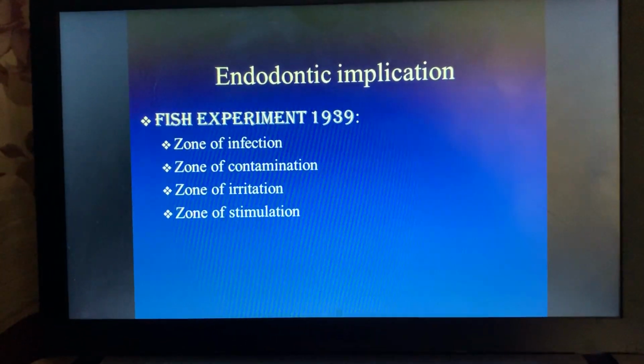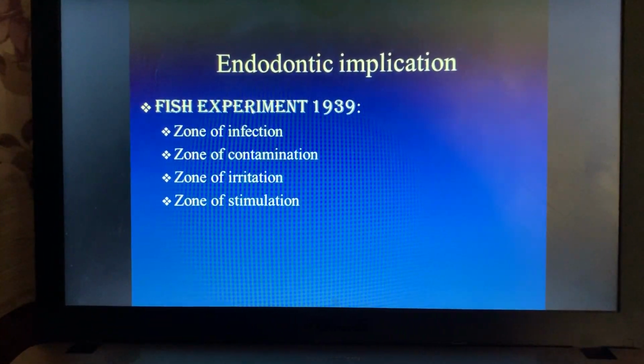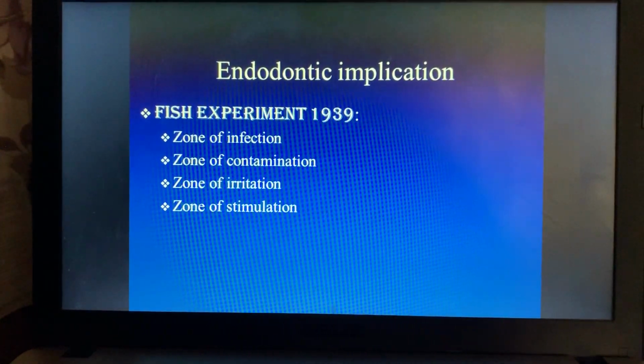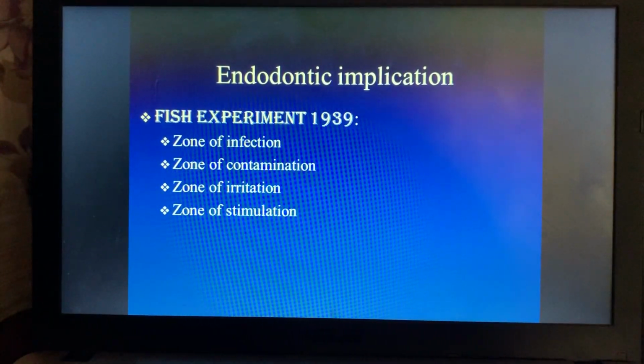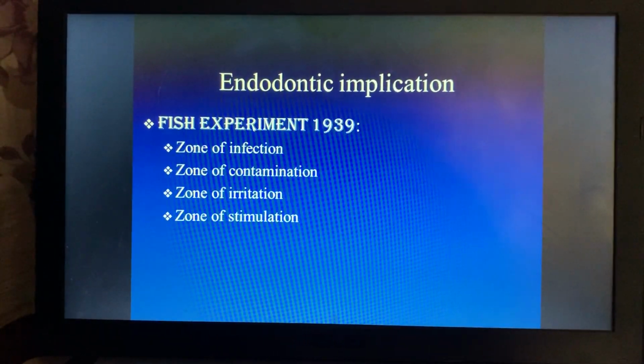Coming to the endodontic implication, Fish described the reaction of periradicular tissues to bacterial noxious products of tissue necrosis and antigenic agents from the root canal.